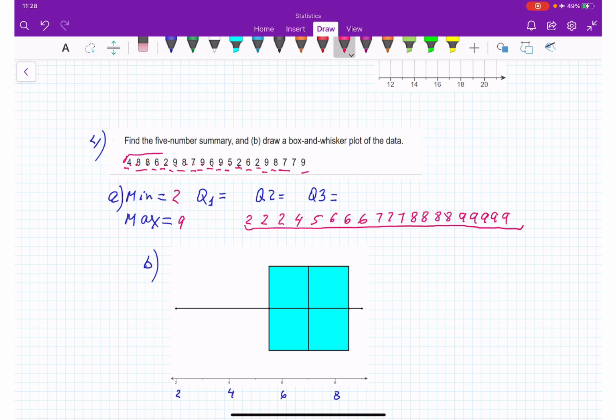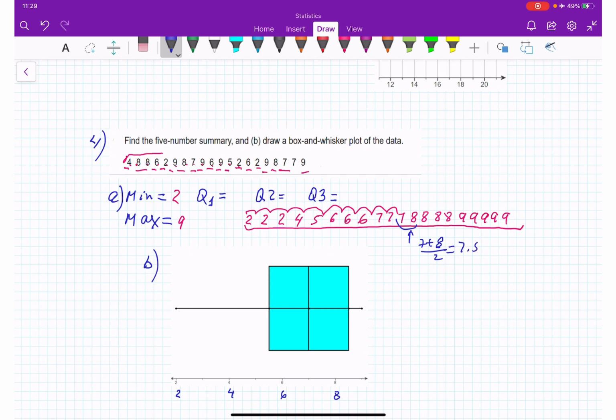Let's go through quartile 2 first. Since we have 20, positions 10 and 11 are going to be our middle. 1, 2, 3, 4, 5, 6, 7, 8, 9, 10, and 11. Those are 7 and 8, right? So in that case, it's going to be 7 plus 8 divided by 2.